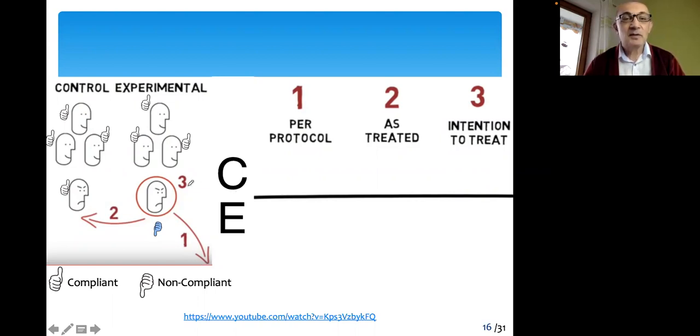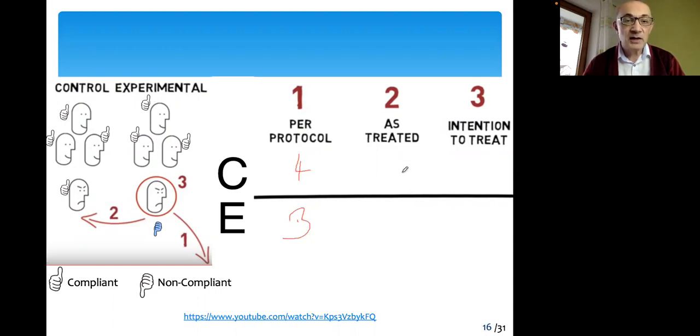In this case, if we make the analysis leaving this participant out, that means here we have in this group only three participants, whereas in this group we have 4 participants. That is called analysis per protocol, because we only analyze those who followed the protocol. This is actually something very frequently done, but which is not suggested.